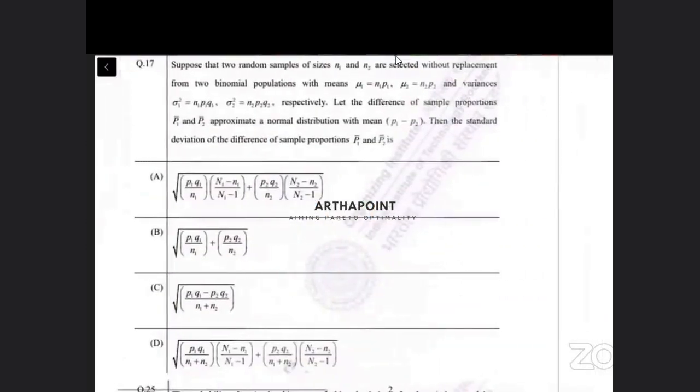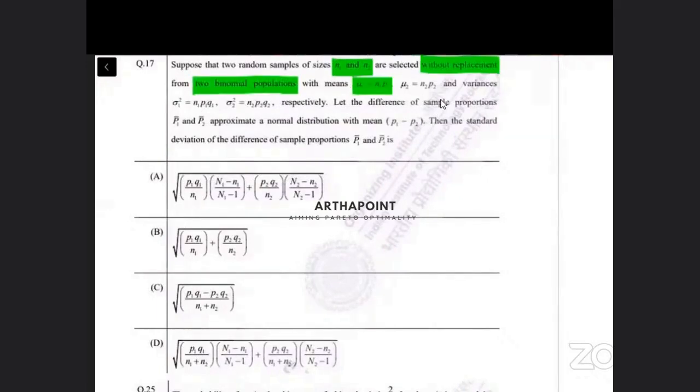Suppose that two random samples of size n1 and n2 are selected without replacement from two binomial populations. If you remember, the mean is always given by NP. So for population 1 it will be N1P1 and for population 2 it will be N2P2.